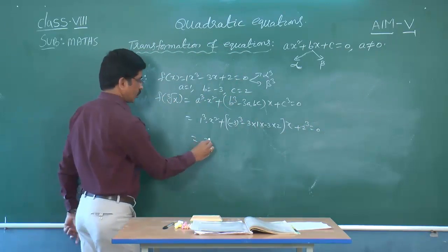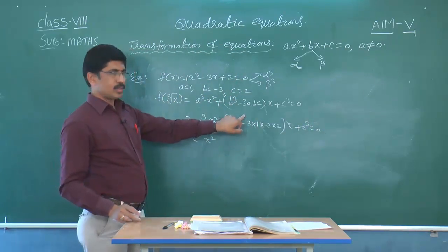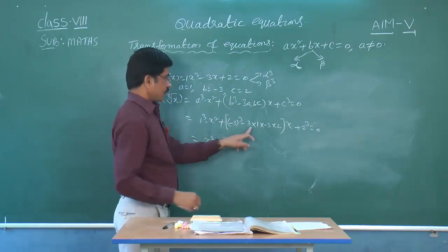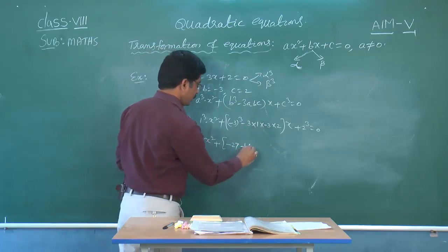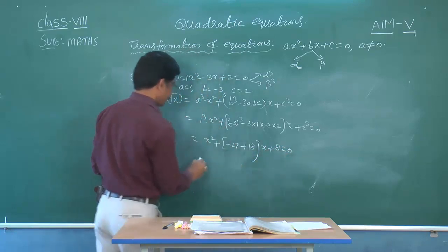Then 1 cube is 1, minus 3 whole cube is minus 27, minus into minus is plus, 3 threes are 9, 9 twos are 18, into x plus 8 is equal to 0.